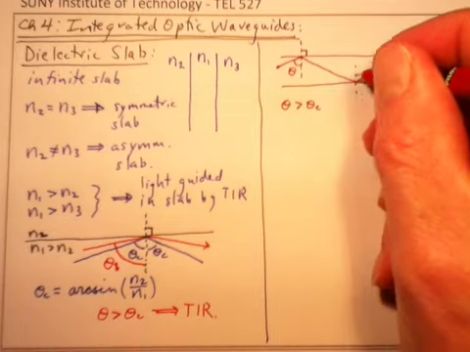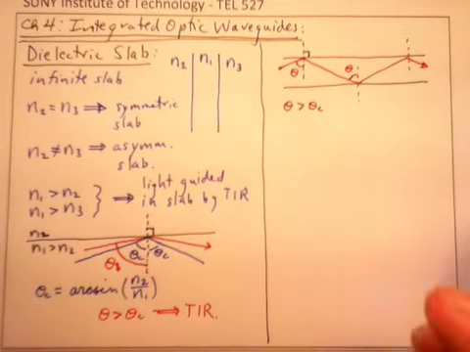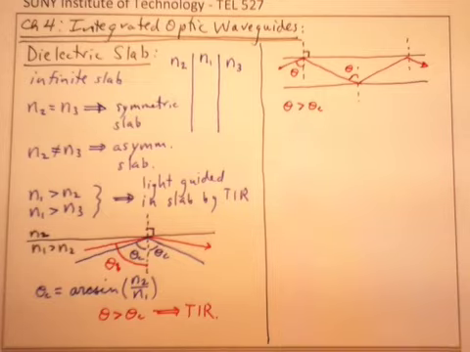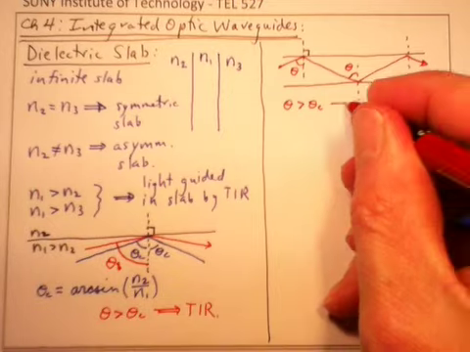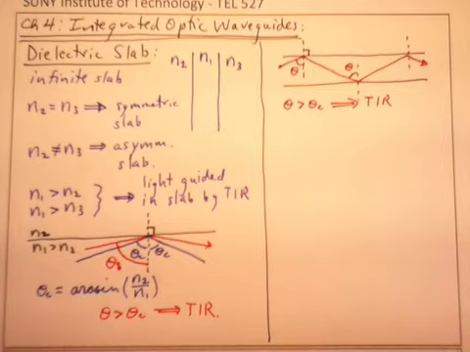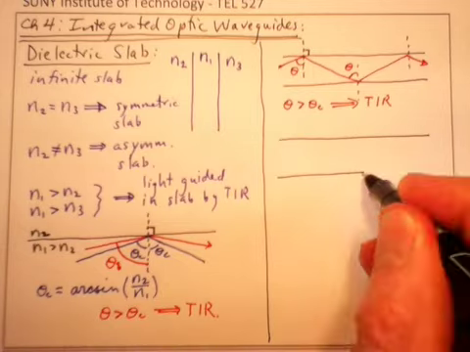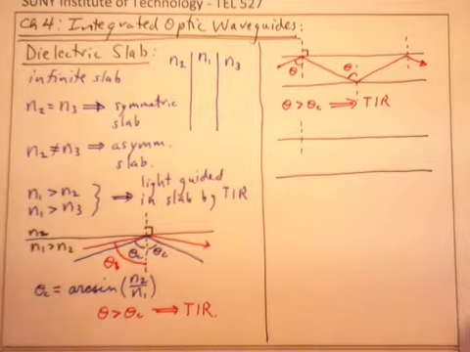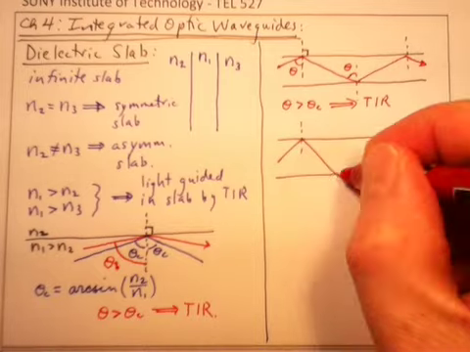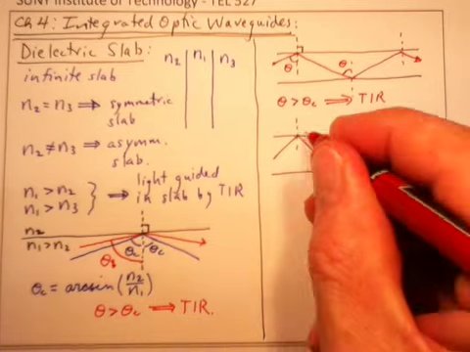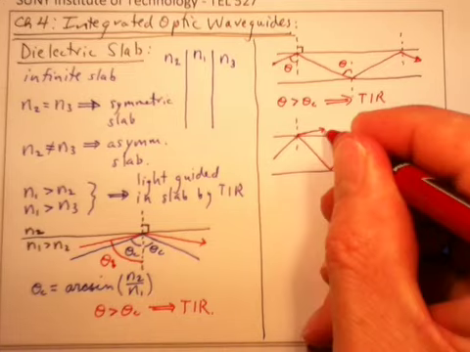Okay, and let's say that theta is here. If we have the situation where theta is not greater than theta c, so theta greater than theta c again implies total internal reflection, if we have the situation where there is a refracted ray, suppose we go like this and go to a smaller angle of incidence, then we're going to get some refracted ray at each of these interfaces.